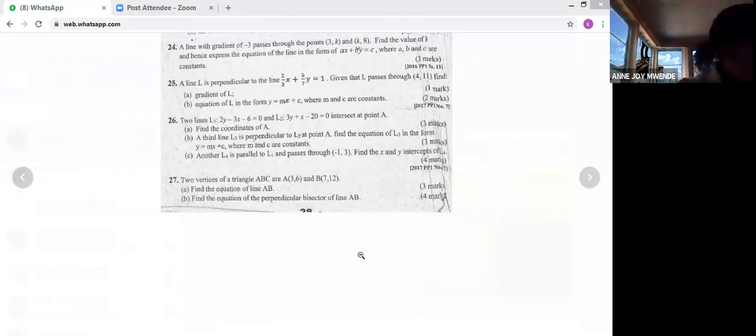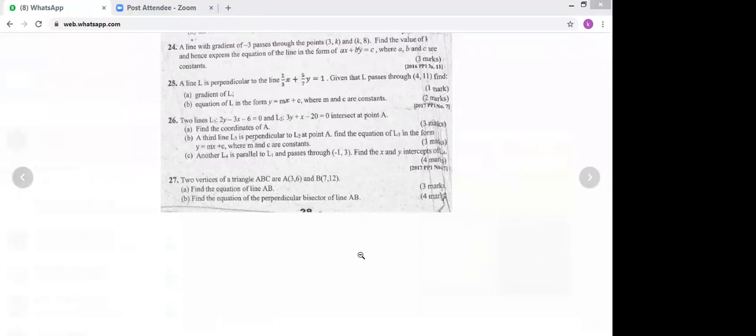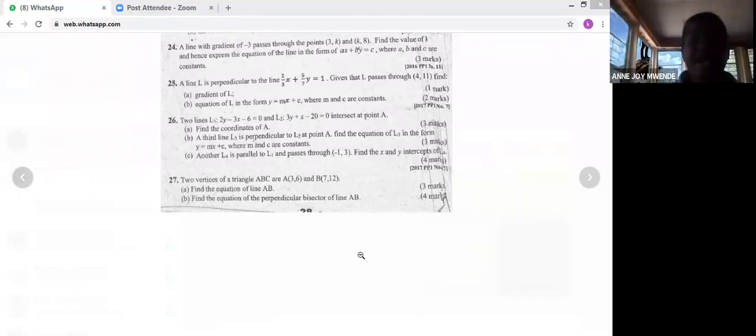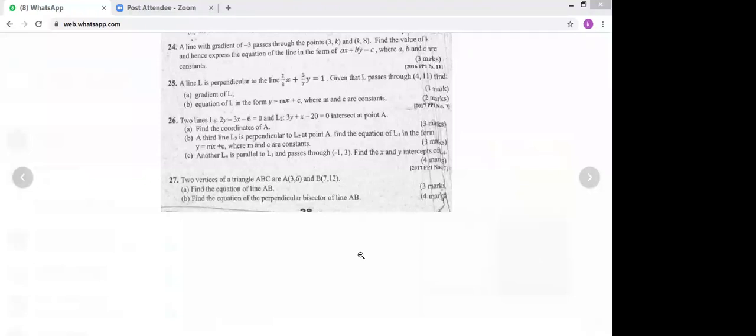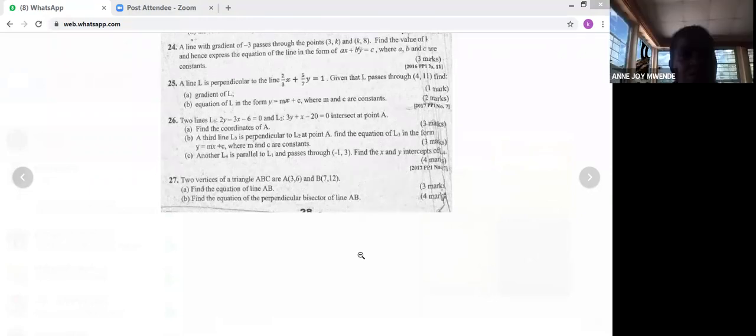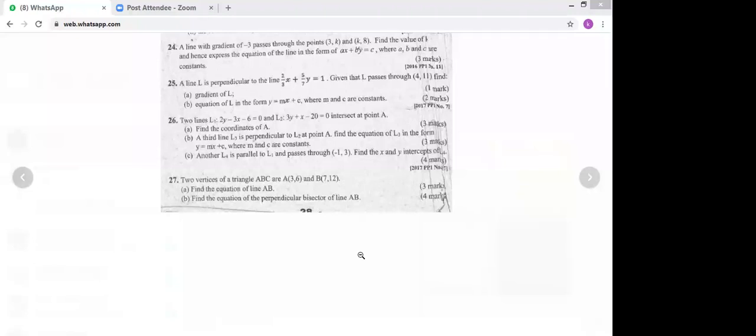Then part D, find the point of intersection of line P and Q. Another student, the coordinate of P, Willie? 2, 5. What have you done?